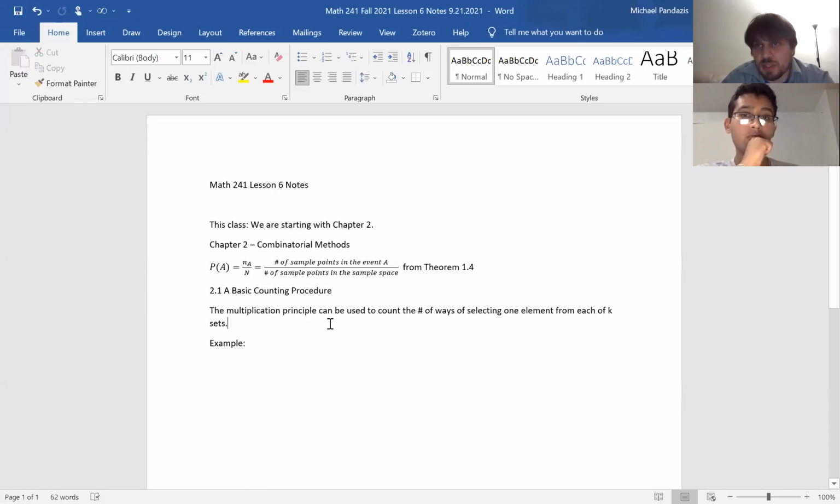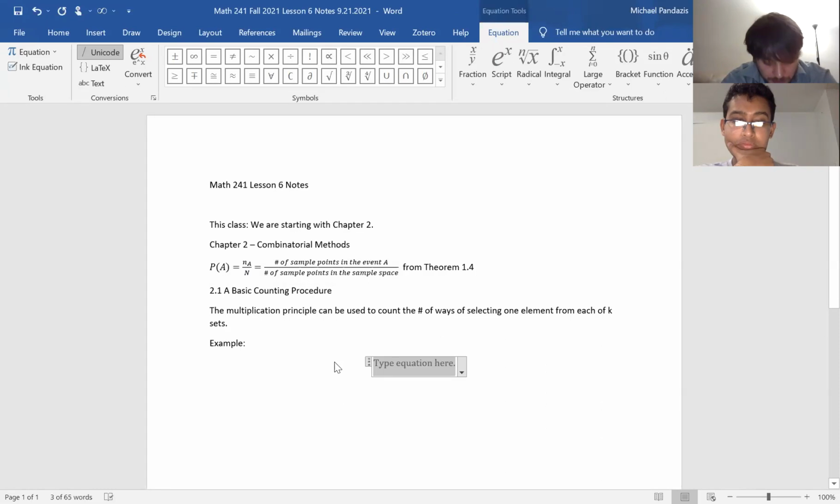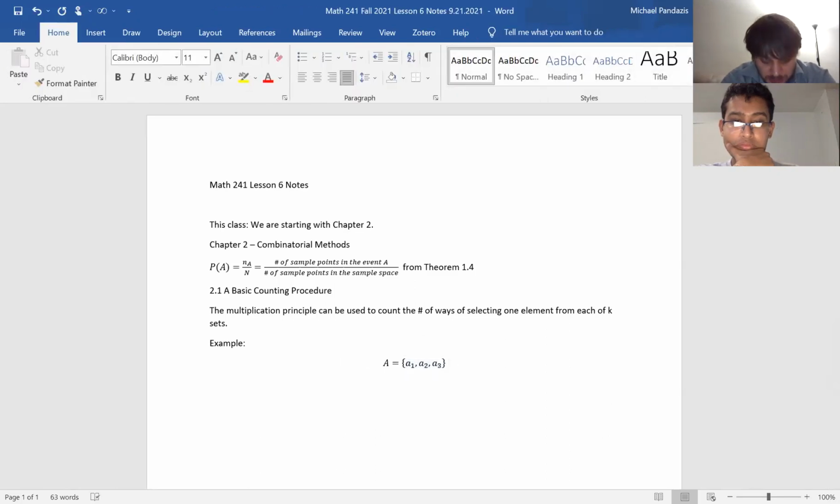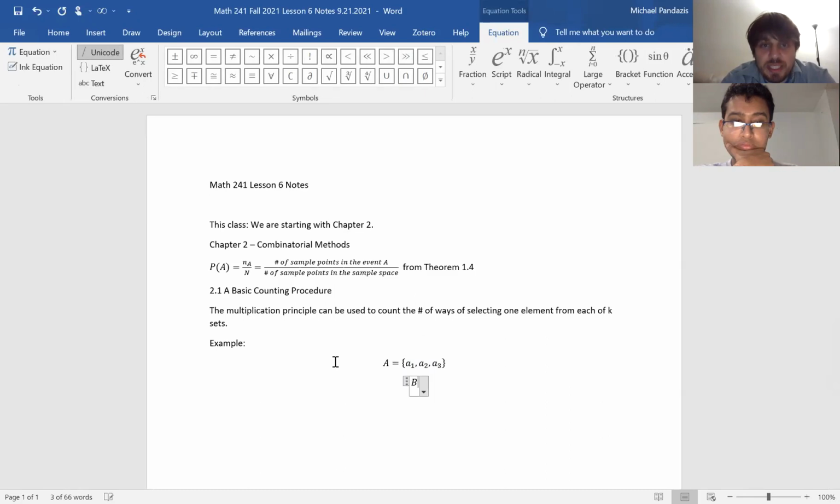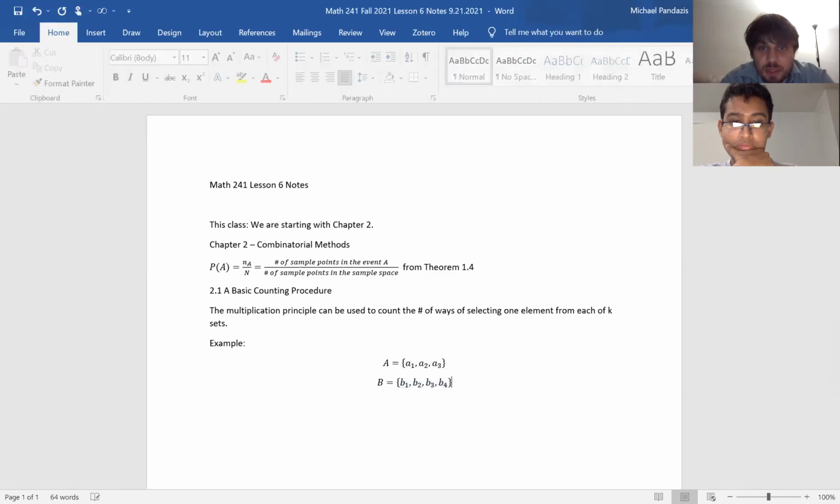Okay, so the first counting procedure in 2.1 is the multiplication principle, and it can be used to count the number of ways of selecting one element for each of k sets. This is an example illustrating that. Here's a set A, which is equal to {A1, A2, A3}, and B is the set {B1, B2, B3, B4}.